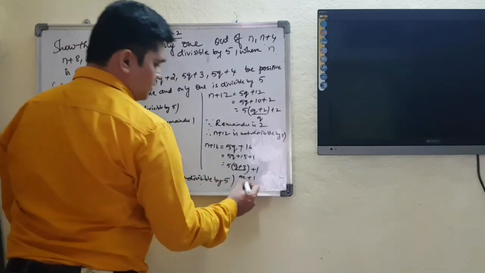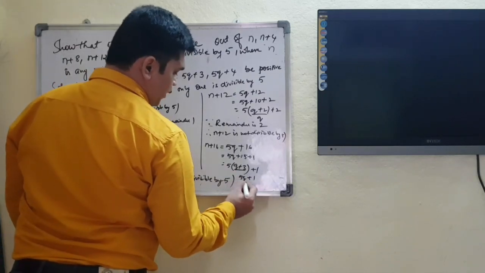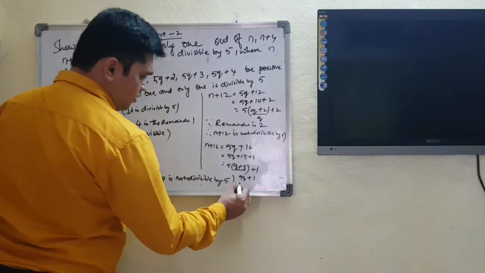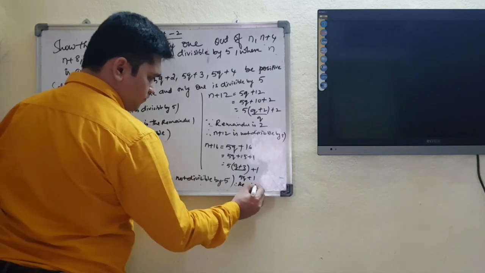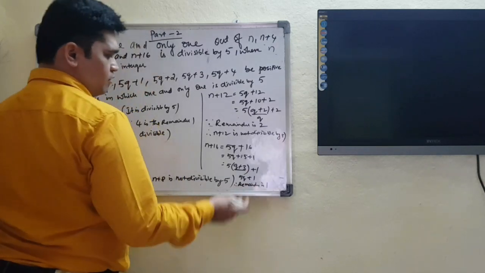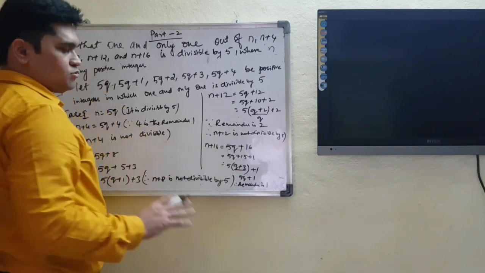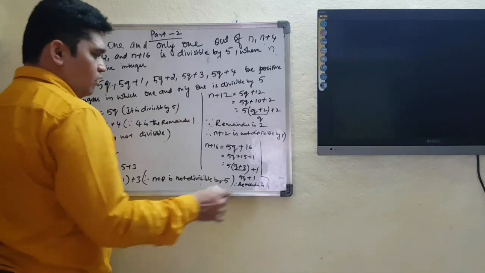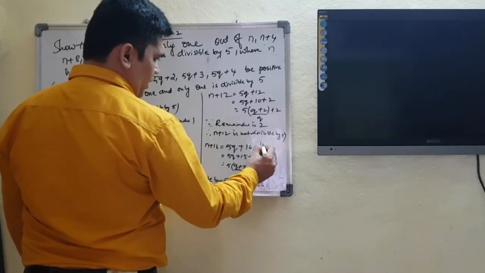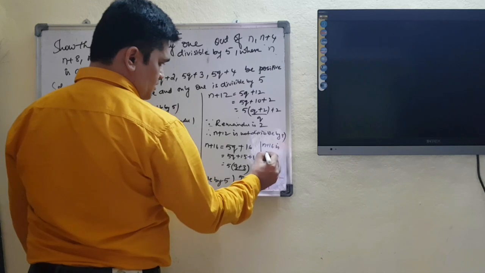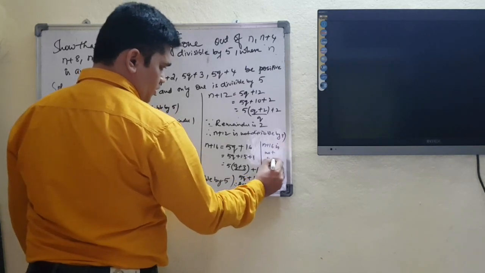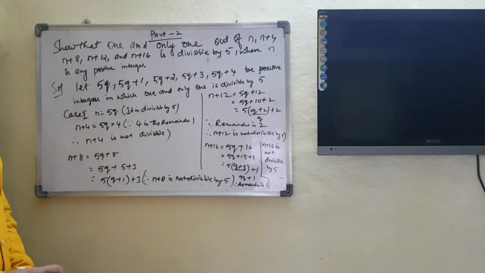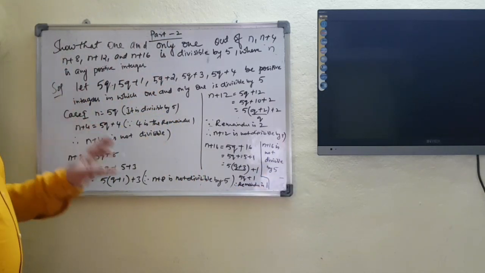Therefore, same condition. Since remainder is 1, therefore n plus 16 is also not divisible by 5. Since the board is small, please adjust. Okay? I hope you understood this step.